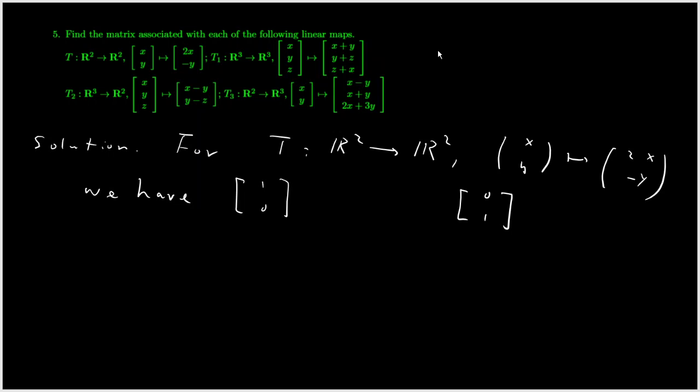And then tell me, under T, 1, 0 goes to what? I'm looking for the output for the input of i, using the definition of T. In this case, x value is 1, y value is 0. Yeah, that's 2, 0.